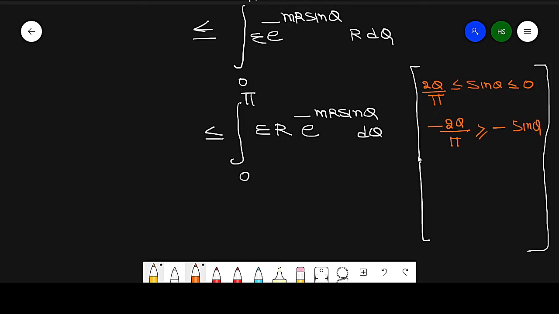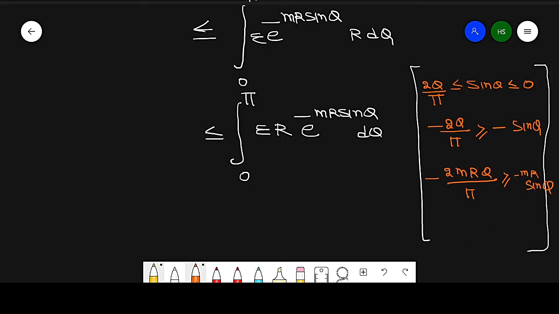So here this is minus mr times, so minus 2mr theta over pi is greater than or equal to minus mr sine theta.